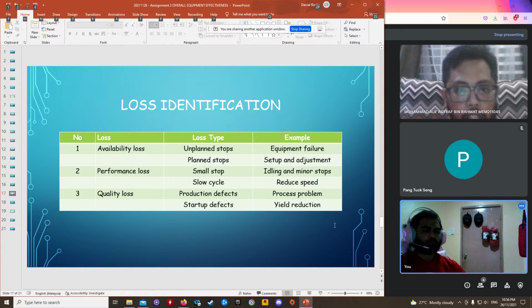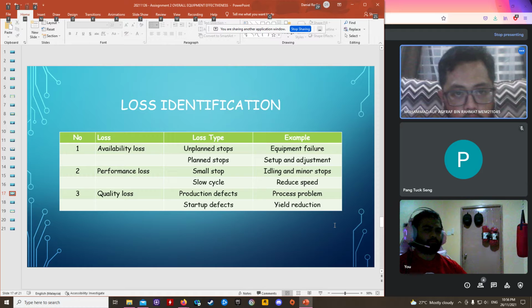Next slide. This is a little summary that comes out from availability loss, performance loss, and quality loss. For availability loss, the two types of loss are unplanned stop and planned stop. Examples are equipment failure, and setup and adjustment for planned stop. Another is performance loss, which comes from the loss types of small stop and slow cycle.